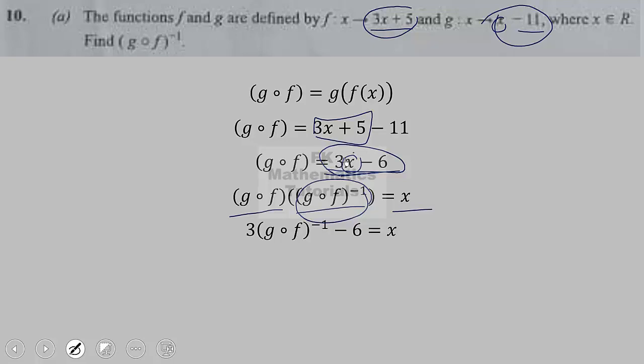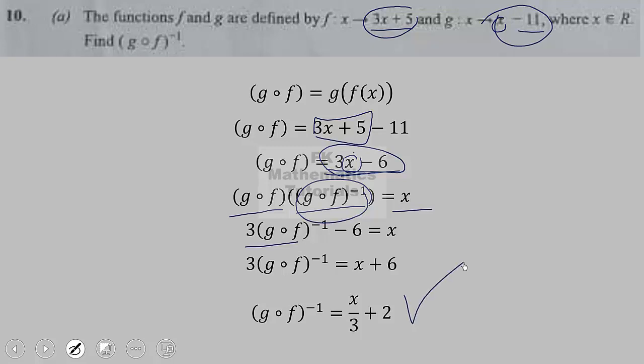Wherever we see x, we put that, and minus 6. That should give us x. So we solve for g circle f inverse to get x over 3 plus 2. So this is the g circle f inverse. That is the A part for question 10.